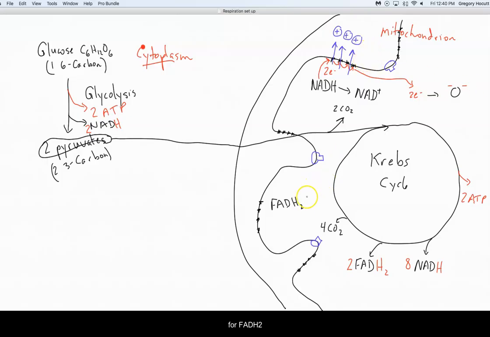Now, for FADH2, what happens is FADH2 becomes FAD, and it donates 2 protons to the system, and again 2 electrons to the enzyme system.